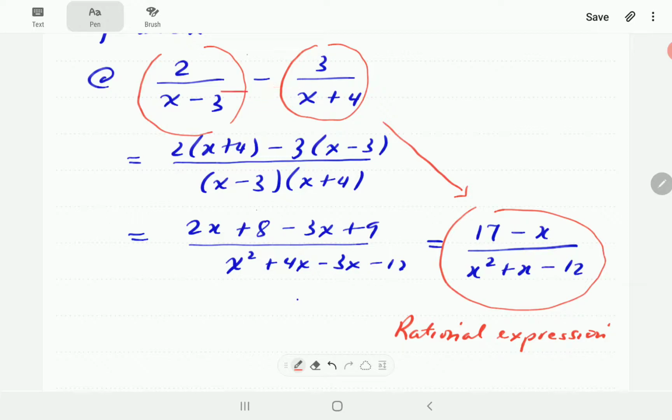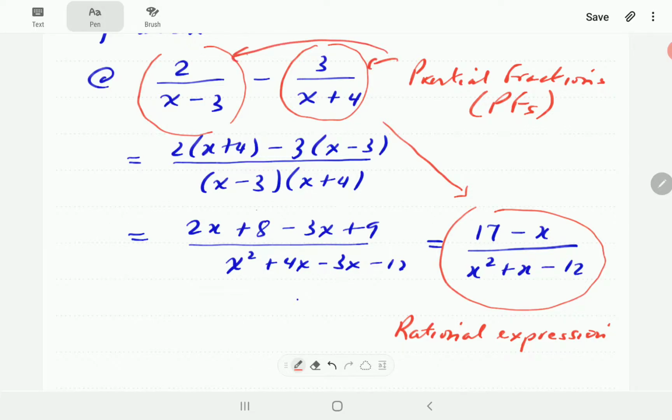These fractions here are called partial fractions of this compound fraction. We are going to denote that PF here. So these two here are called partial fractions.